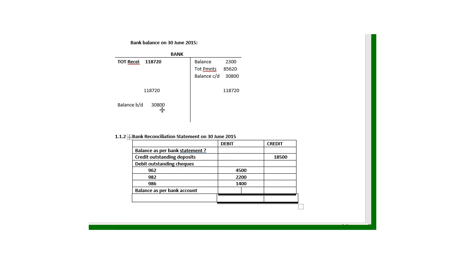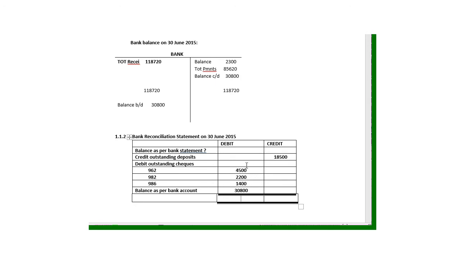And it was 30,800 on the debit side, so a debit balance of 30,800. So now I've got everything in that they gave me the information for. I must now balance this thing, and whatever the difference is would then be my balance per bank statement.